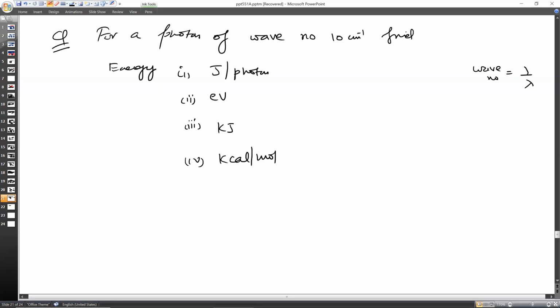Joules per photon means we need to find the energy for one photon, that is, the energy in joules. So you know E is equal to hc by lambda. But we can write it this way: hc into 1 by lambda, and 1 by lambda is the wave number.